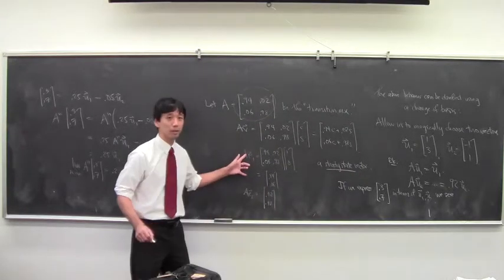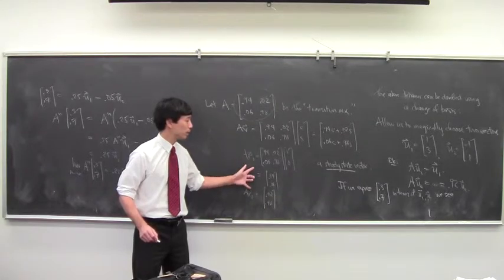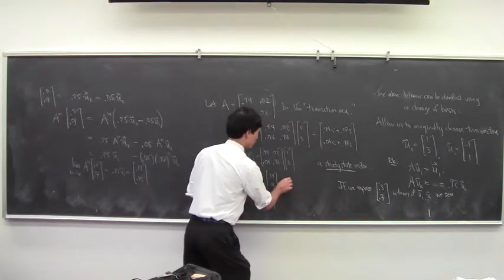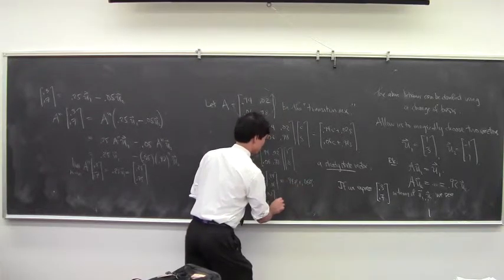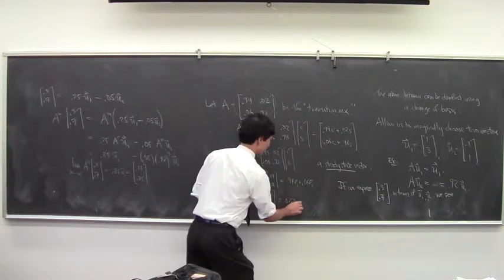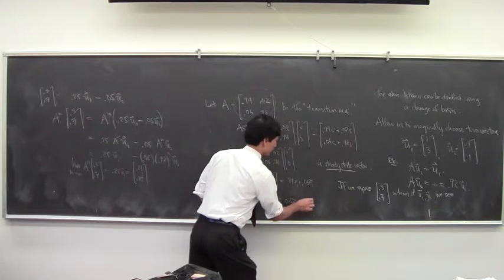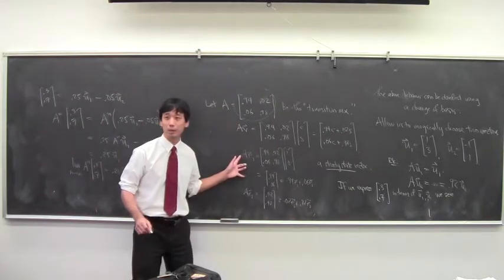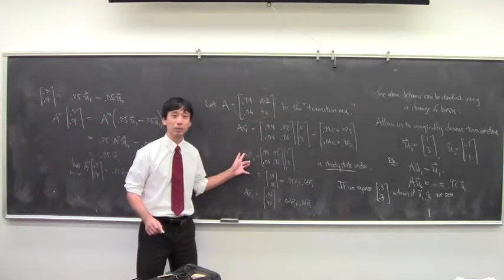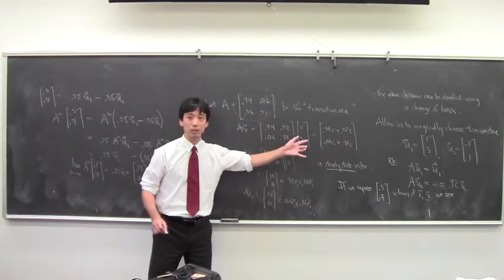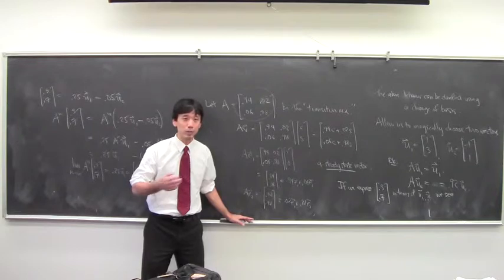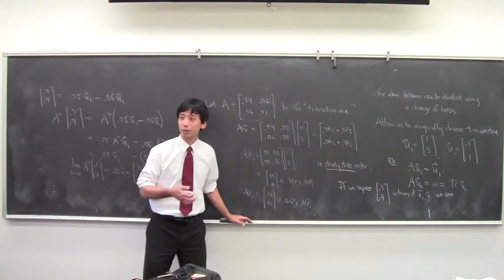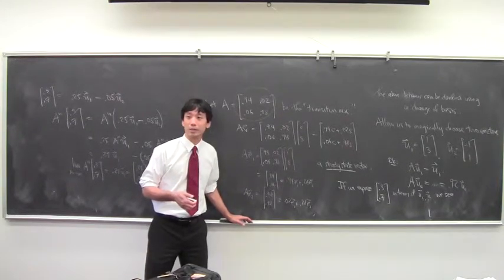So this is 0.94 of E1 plus 0.06 of E2. This one is 0.02 of E1 plus 0.98 of E2. The point is that the behavior with respect to the standard basis is complicated, but with respect to this new basis it is simple. And so maybe it's a good idea to switch your expressions all over into the new basis. Okay?